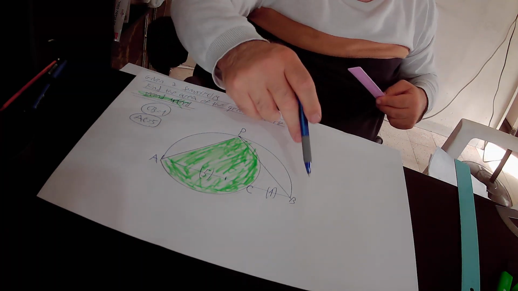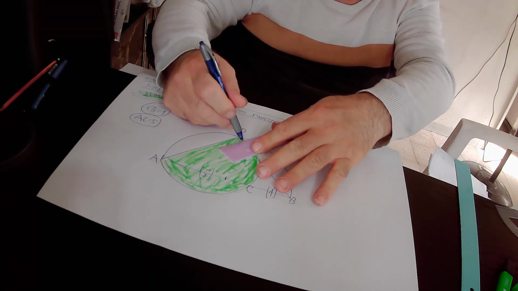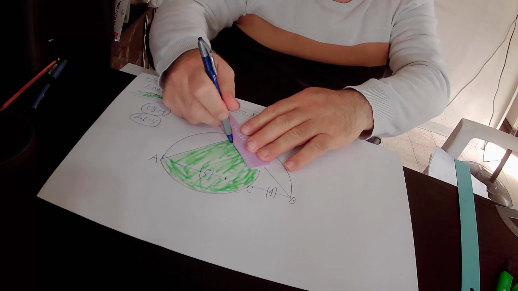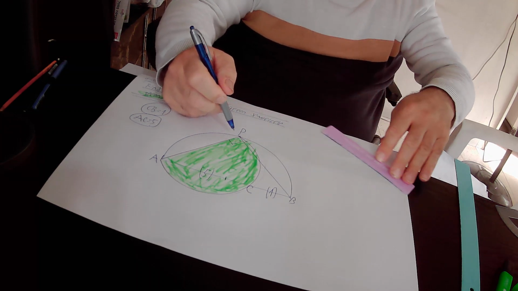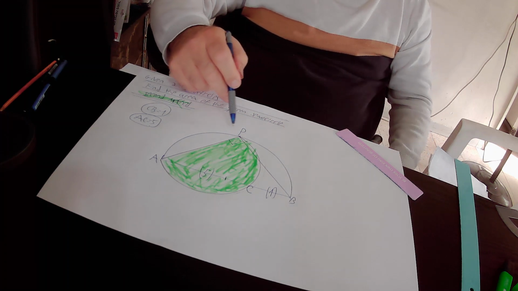Peripheral angle APB is a right angle. It means that line segment BP is perpendicular to line segment PA.